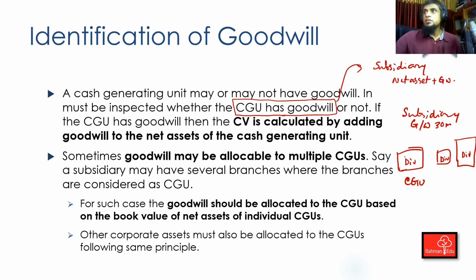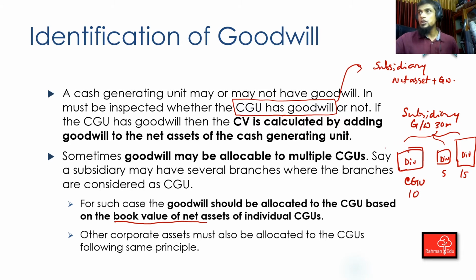We are doing an impairment test of this division only. Other divisions are fine. What we need to do is allocate this subsidiary's goodwill to the divisions, to find out the proper carrying value of a division. Maybe a little higher goodwill will be given over there, 15, maybe 10, maybe 5. Depending on the size of the division, more or less goodwill is allocated. Based on the book value proportion, goodwill is allocated to the CGU.